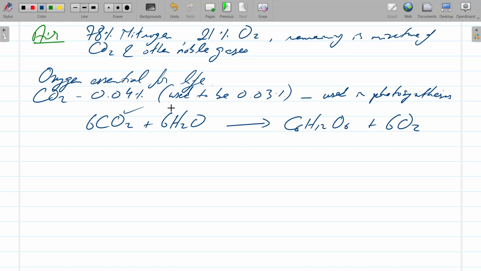So carbon dioxide is used along with water, in the presence of light and using a substance called chlorophyll in the plants, giving you glucose and obviously oxygen.